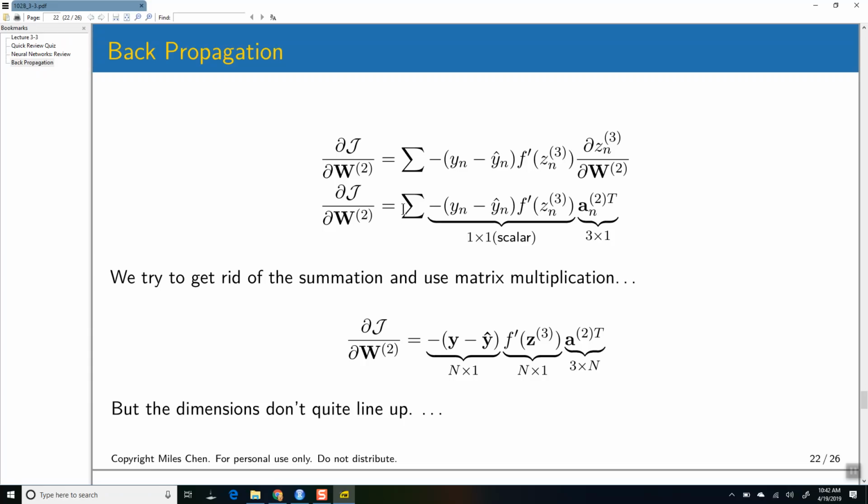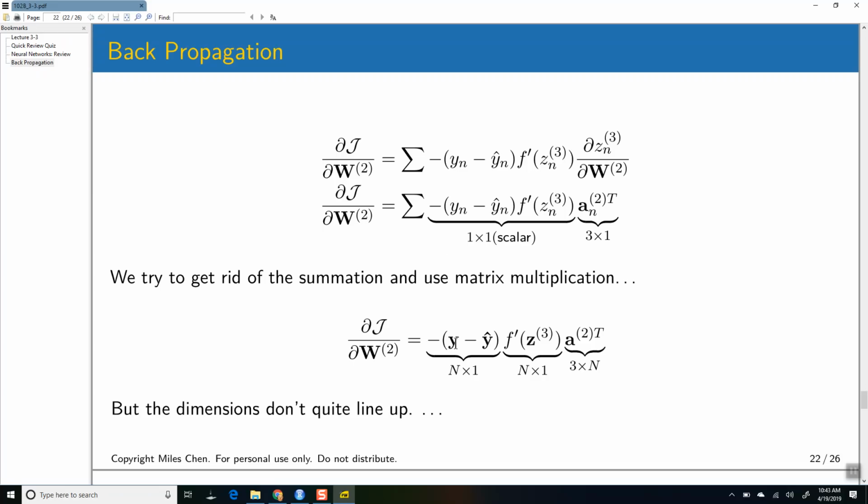And so if I wanted to try to get rid of this summation sign, over here this is fine. You can do a scalar multiplied by a matrix, and you're just going to take that scalar and recycle or broadcast it across the matrix. And so that's not an issue, okay? But if I wanted to get rid of this summation and use the actual matrices themselves, then we run into some issues, okay?